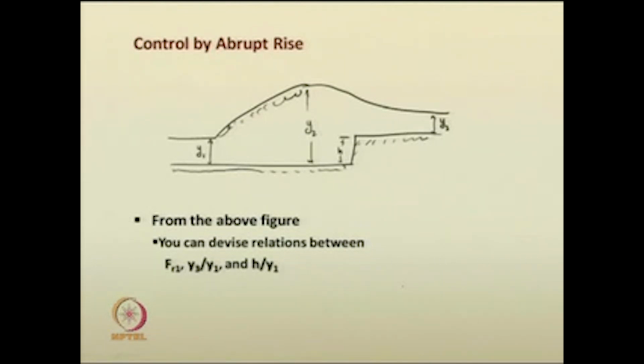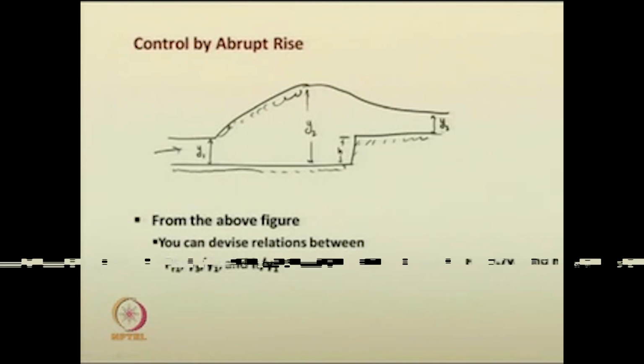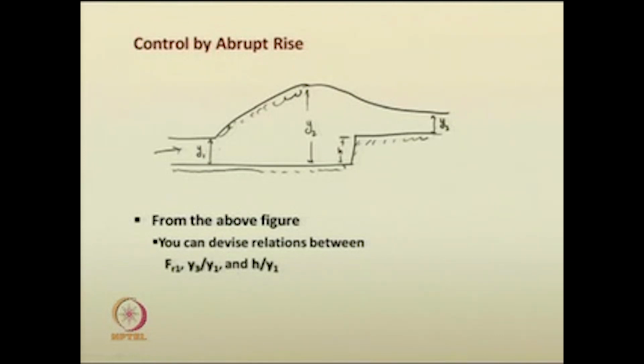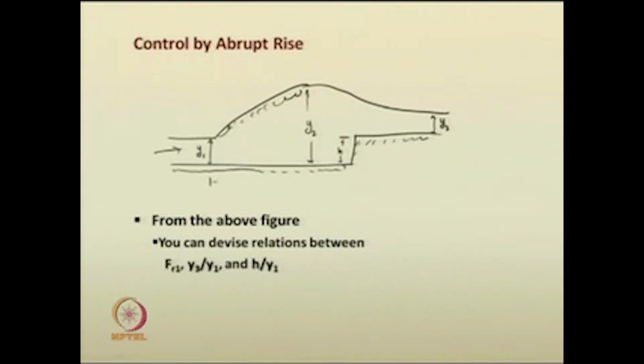With these parameters, you can easily visualize the non-dimensional parameters for such a condition. For the incoming flow, there is the Froude number. You can define y3 by y1 as one ratio, h by y1 as another ratio, and based on those you can also suggest the length up to the toe of the sill as x.